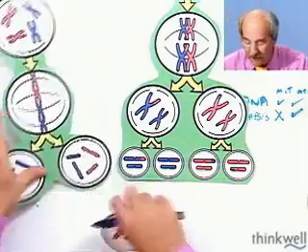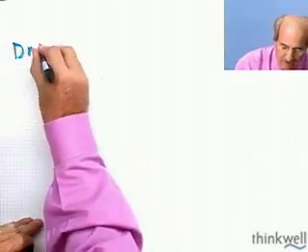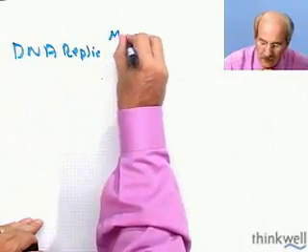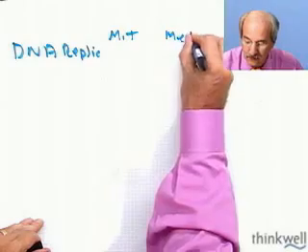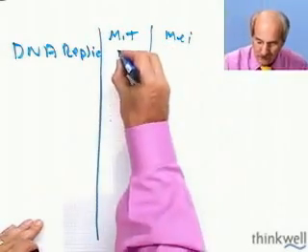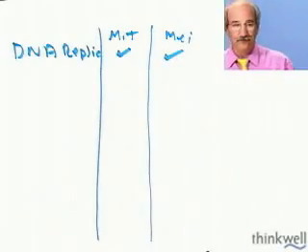Let's do our little comparison chart, which I promised you guys I would write again. All right, let's go to DNA replication. We'll do mitosis, meiosis. DNA replication, yep, in both.